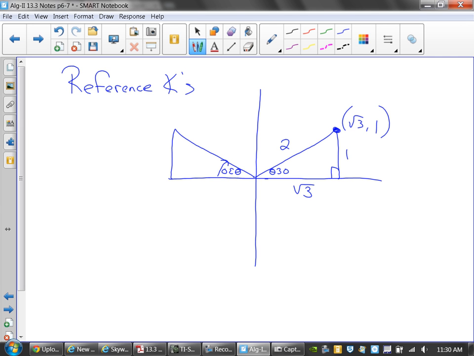It's mirrored going this way. Is this still opposite the 30? It's still 1, correct? Opposite the 60. Now this direction, it's a negative square root of 3, which means this ordered pair now is at negative root 3 and 1.